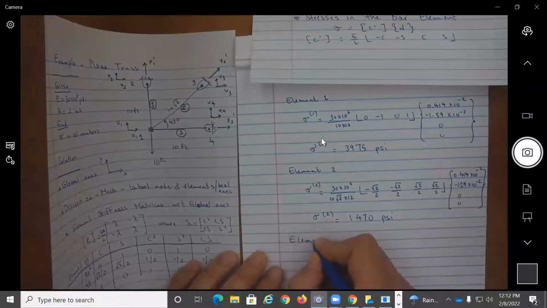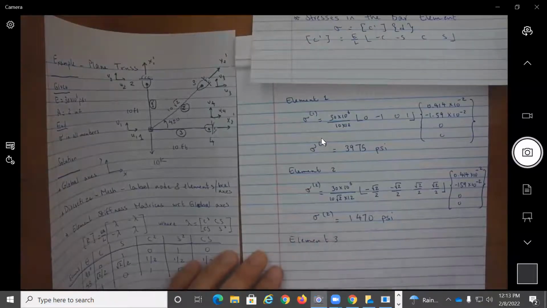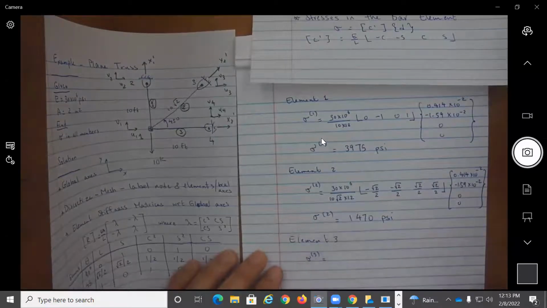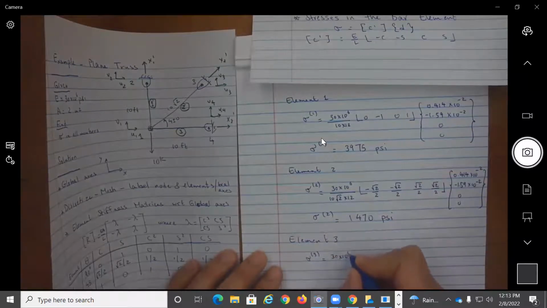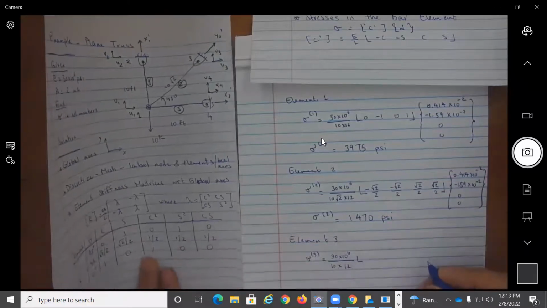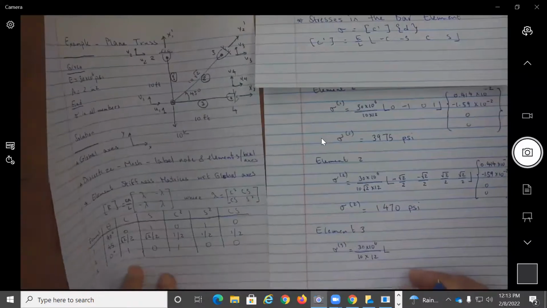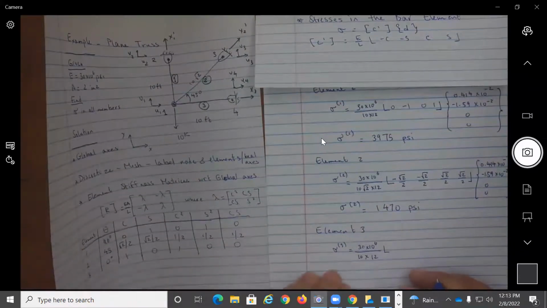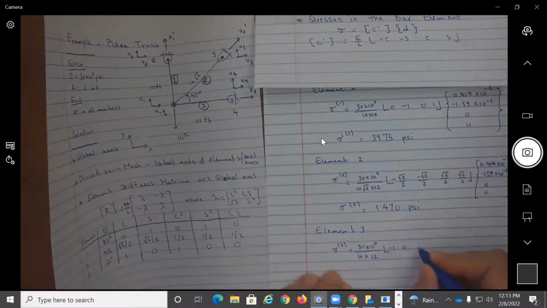And finally, element 3, we do a sigma 3 equals E, which is still 30 times 10 to the power 6, and the length is 10 times 12 multiplied by. For element 3, C is 1 and S is 0. So I get a minus 1, 0, 1, 0 multiplied by the nodal displacements.